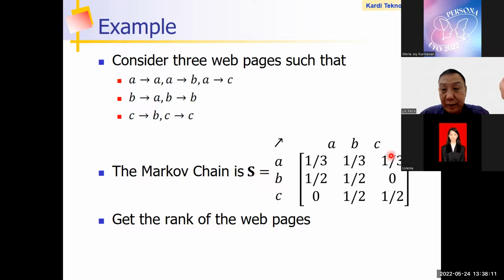Now you have this, right? Can you just change the S in your program? In your Python, can you change it?